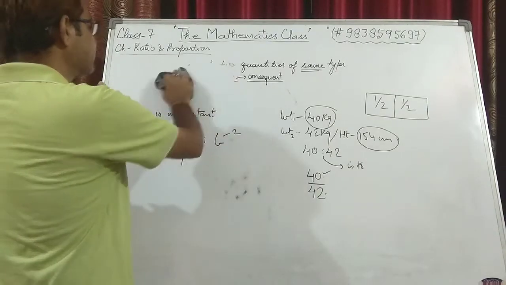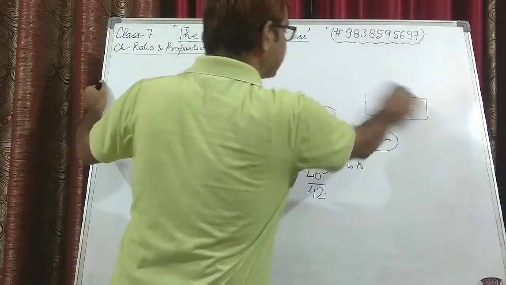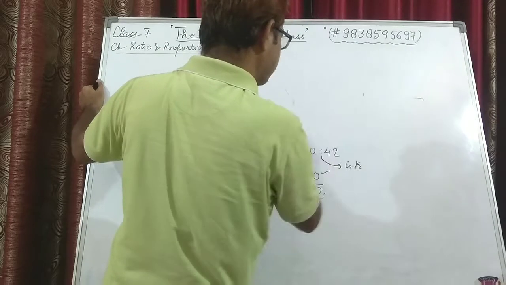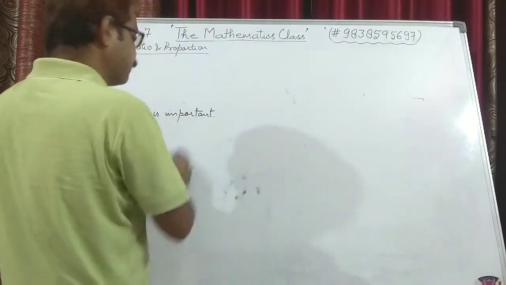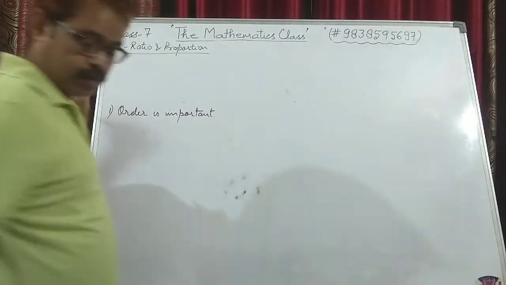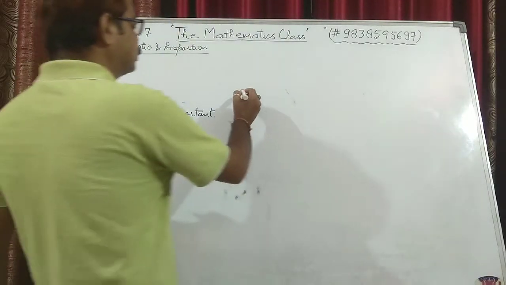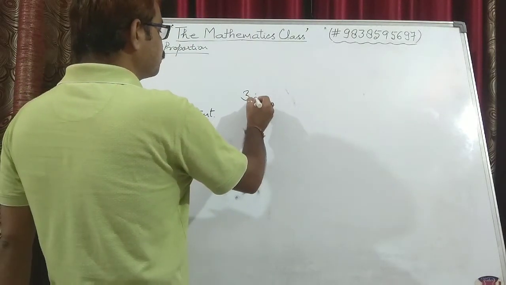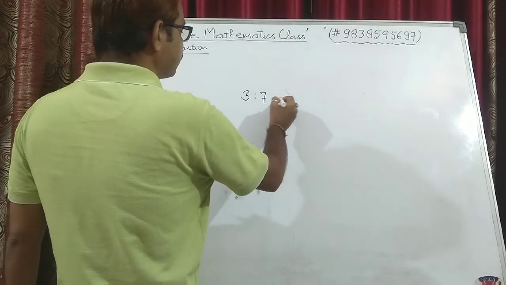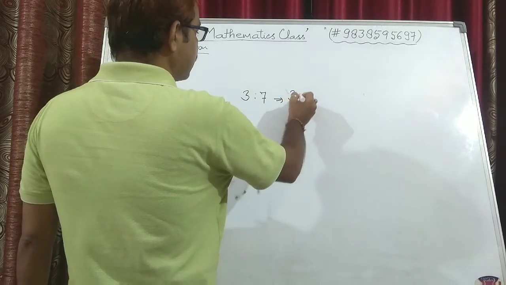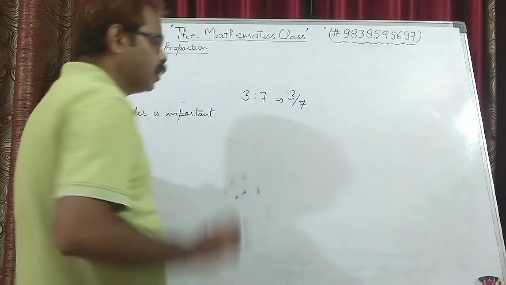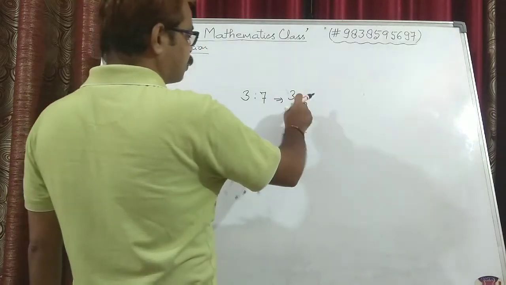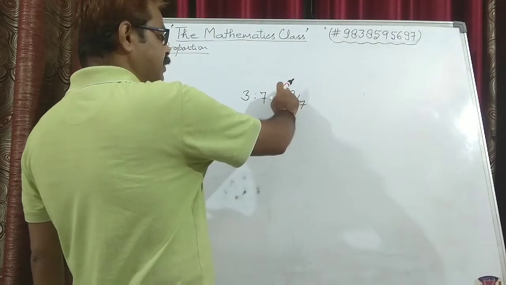The first point is that the order of the ratio is very important. Suppose I say 3 is to 7. 3 is to 7 means 3 upon 7, or you can take it that out of 7 parts, we have taken 3 parts.